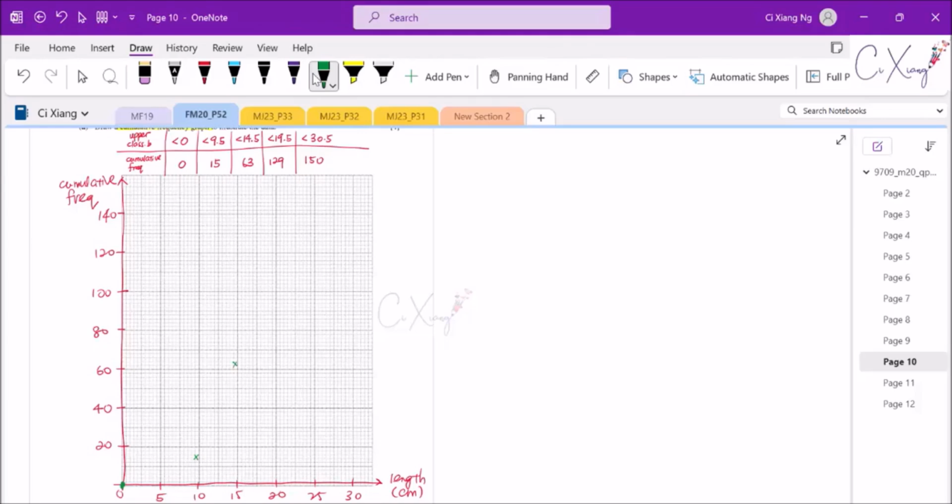So you have to try to measure your scale correctly. Then 19.5 is 129, so it should be somewhere here. Then for 30.5, what I have is somewhere at this part.